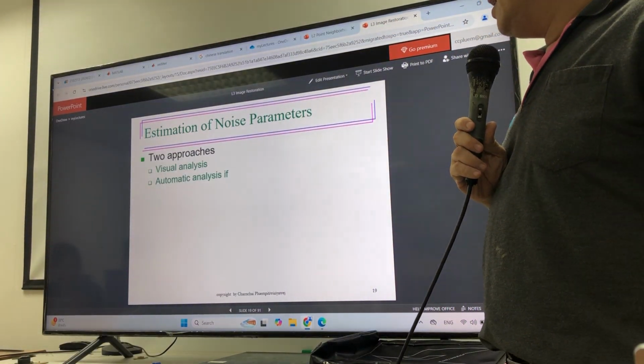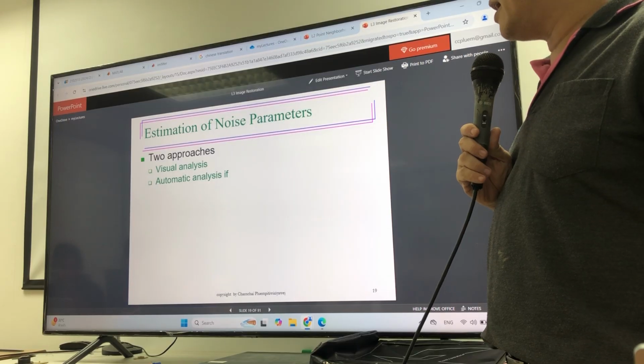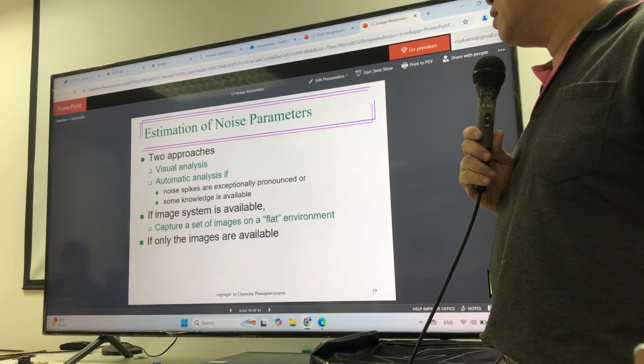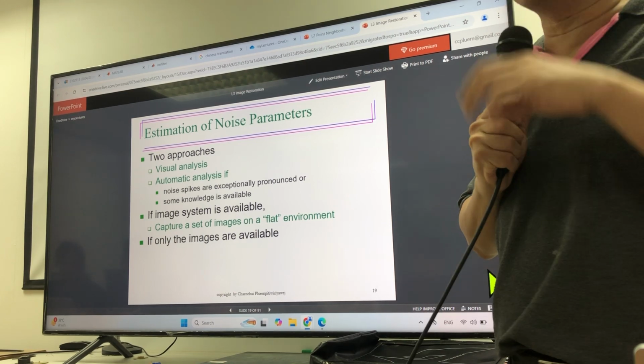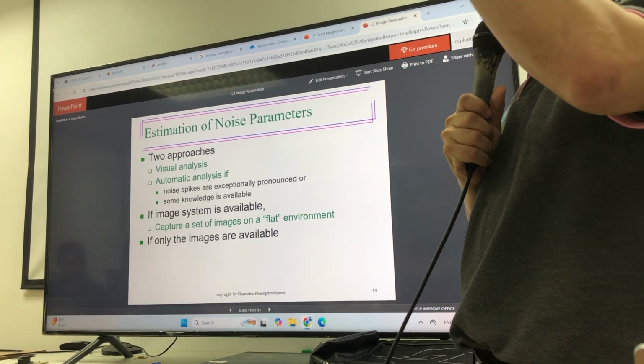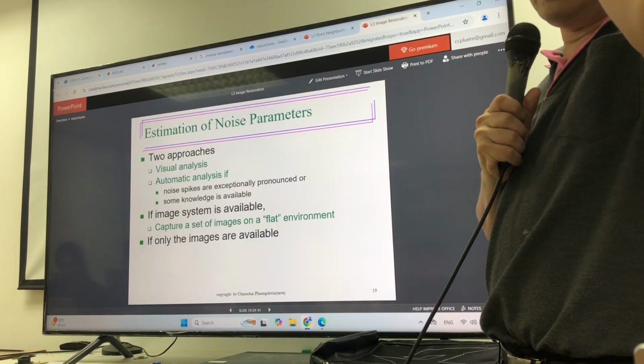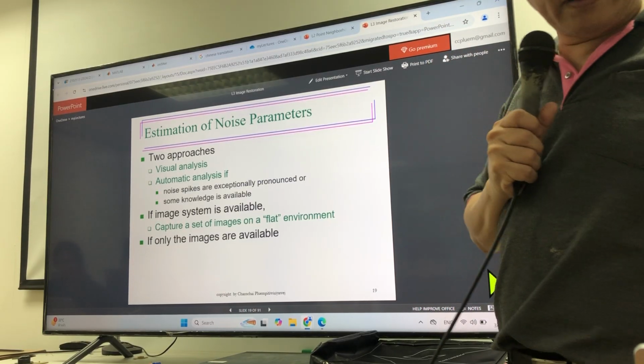So basically, this is how you estimate the noise parameters. Like I said, most of the noise has two parameters, mean and variance, except for the exponential, which has only one parameter.